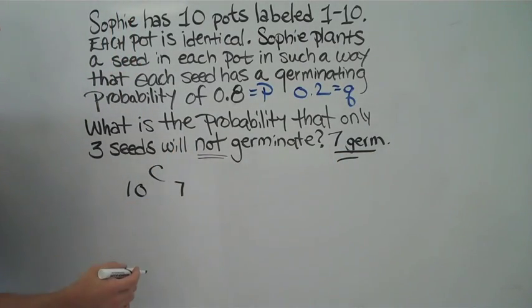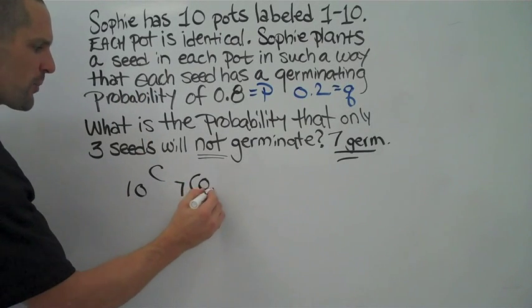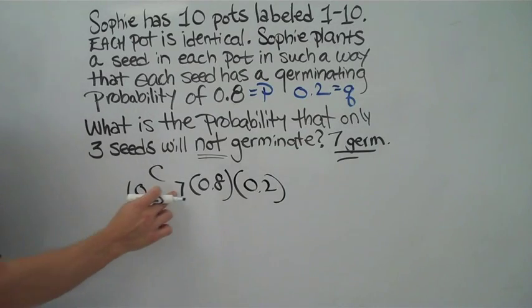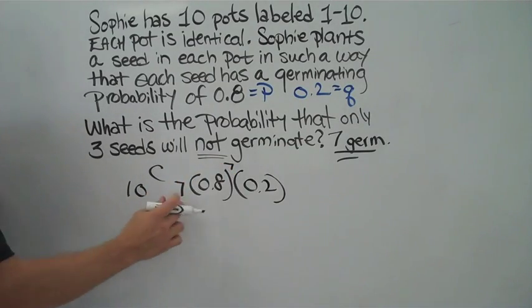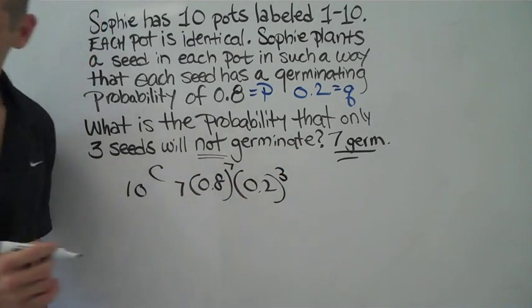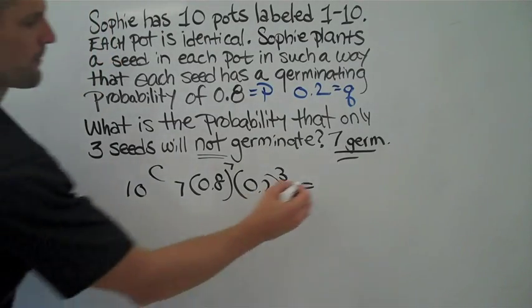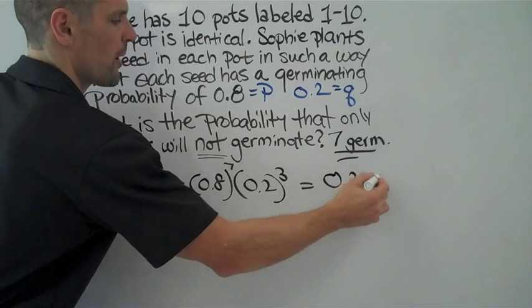Well, that means probability of success remains 0.8, and that probability of failure is 0.2. 7 is there, 7 goes here. 10 minus 7 is 3. So in total, when I do this all out, I get about 0.20, about 20%.